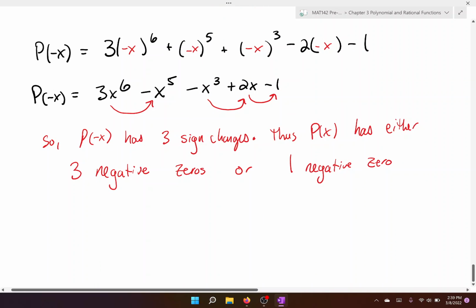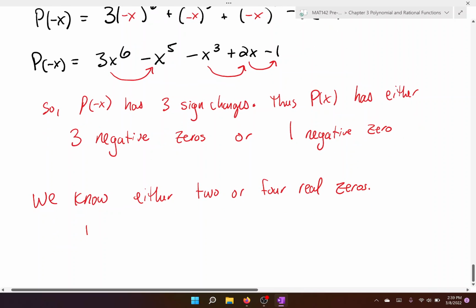And then finally, when you really take a step back and you look at it, we know we can have either 2 or 4 real zeros. And the reason for that is we know one is positive, and you're going to have this situation here, okay?